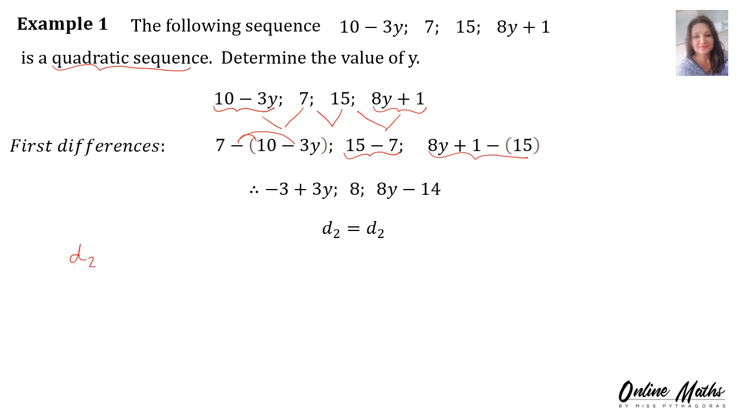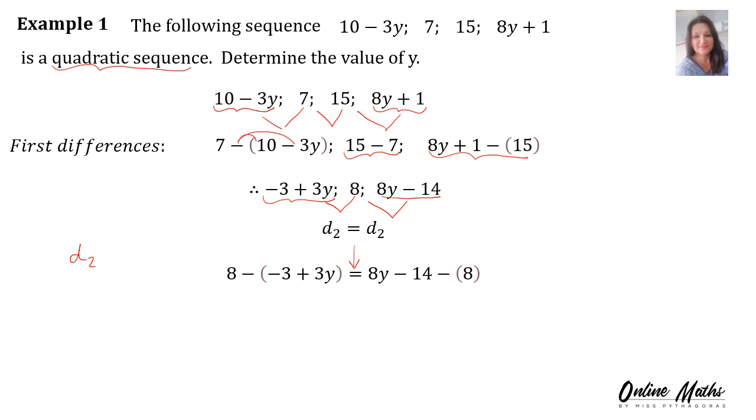So d2 will be 8 minus (negative 3 plus 3y), and that is equal to 8y minus 14 minus 8. We equate them because it is a quadratic sequence and they are both d2, which is a constant.